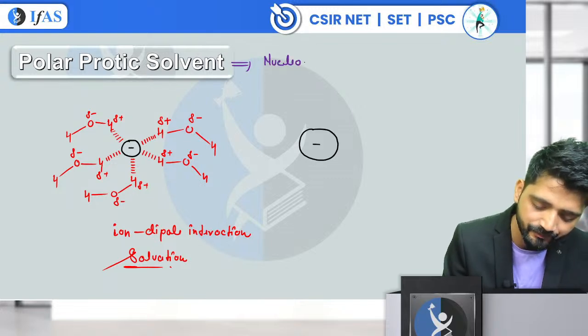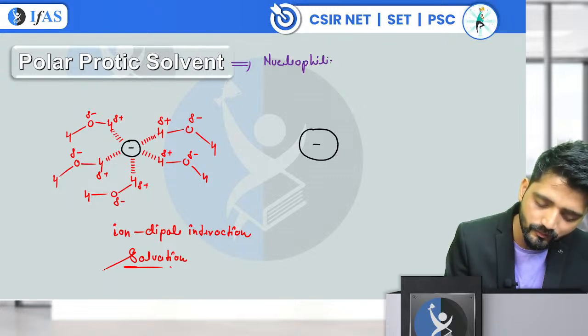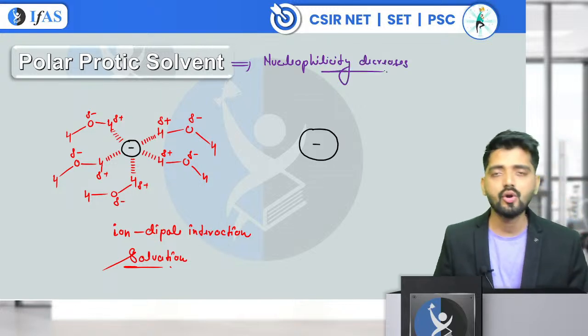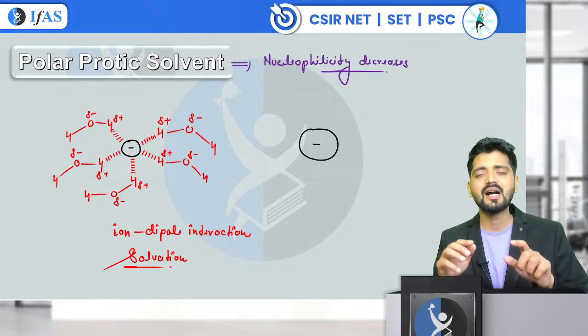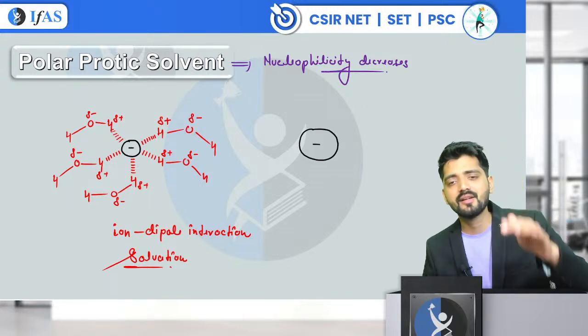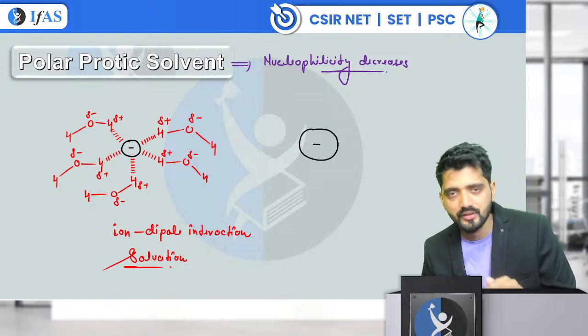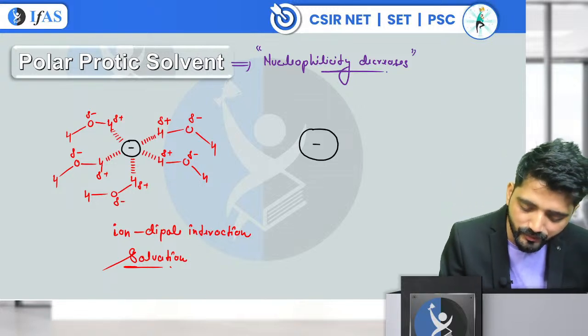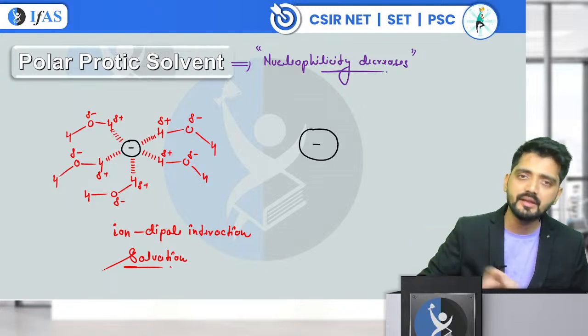So we will write here: nucleophilicity decreases. Why does it decrease? Because of the solvation factor, the anion is getting stabilized. If it is getting stabilized, of course its nucleophilicity is going to decrease. So in a polar protic solvent, always remember nucleophilicity decreases.